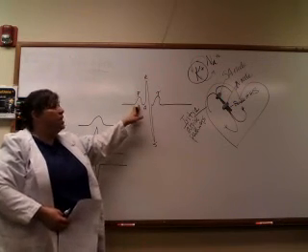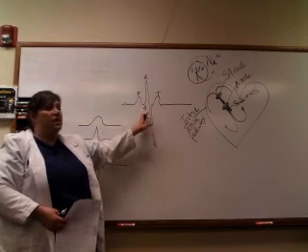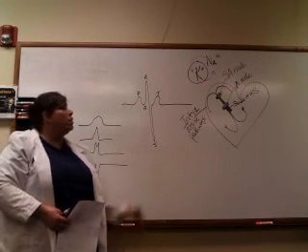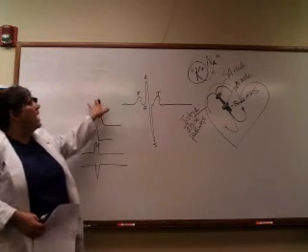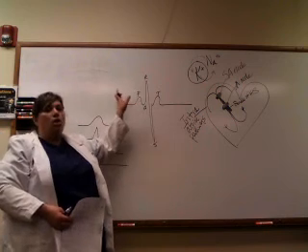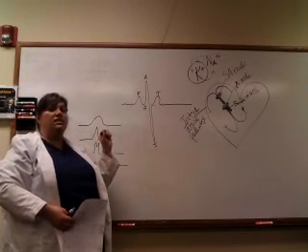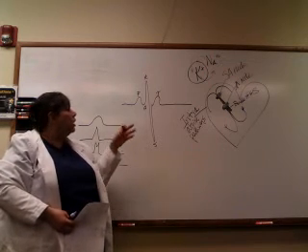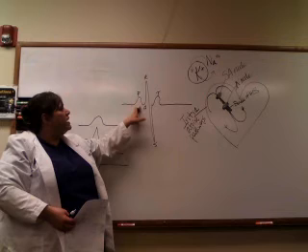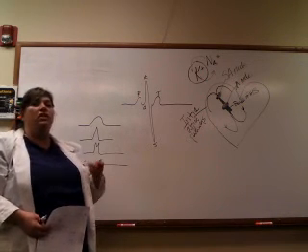Now, if the P wave is the atrial depolarization and the QRS is the ventricle depolarization, why is it so much higher? Remember, if we're looking at these little waves, all it is strength. So how high the line goes means that it contracted stronger. The electrical contraction was stronger. And so the reason being that the atrium is much smaller, a much smaller muscle than the ventricle.